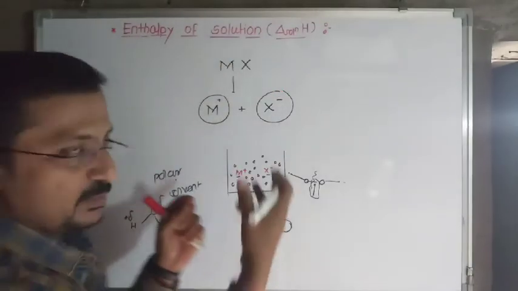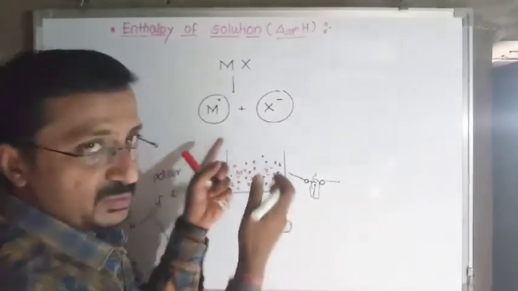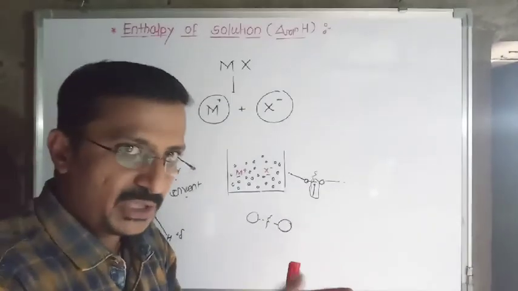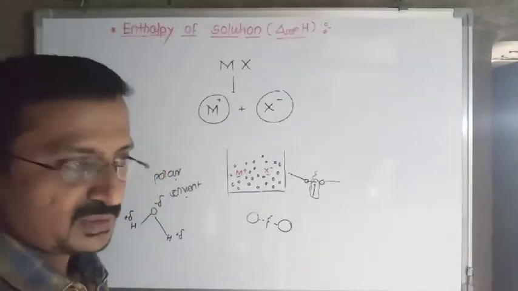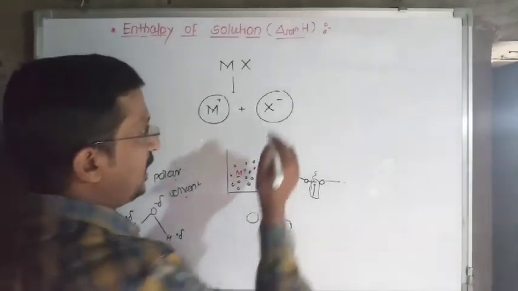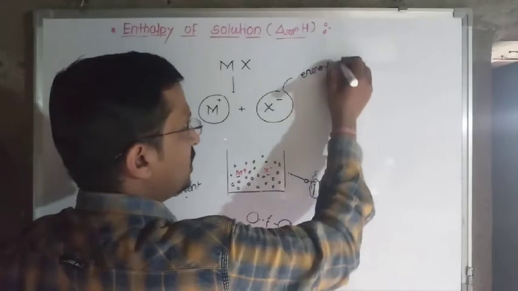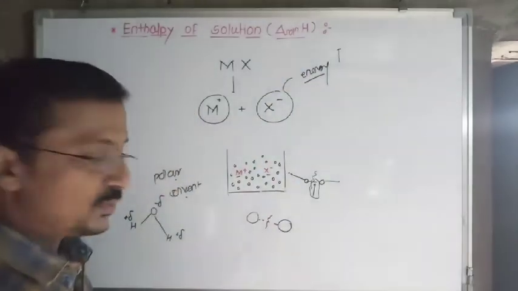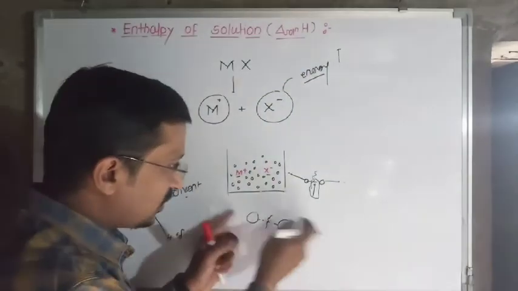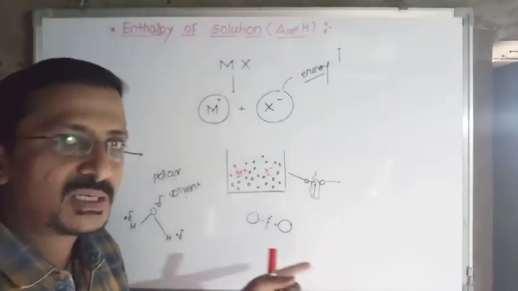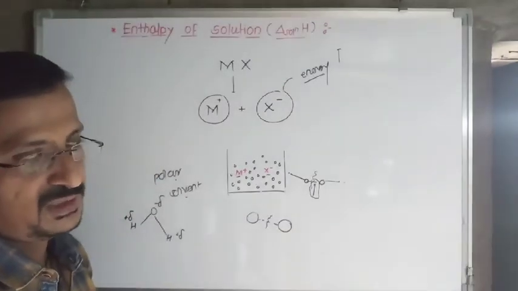And due to this solvation process, it stabilizes the ions, because individual ions are always unstable. It provides stability, and the energy released during that stabilization is used to move the solvent molecules away from each other. The same energy is reversed.